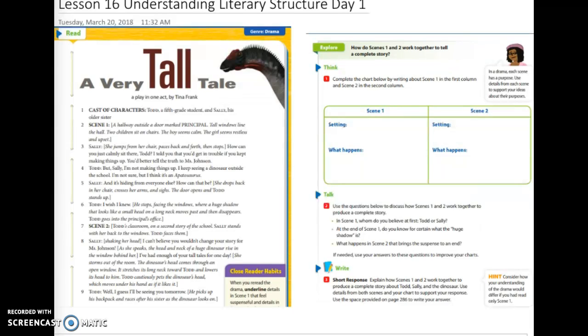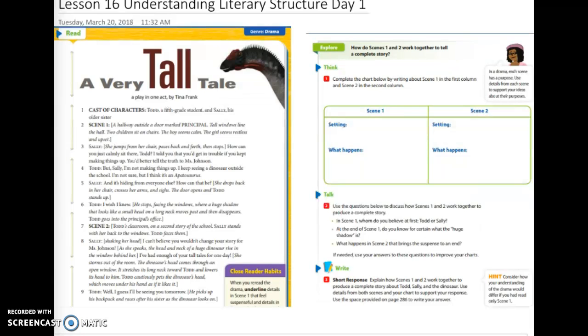In scene 1, whom do you believe at first, Todd or Sally? At the end of scene 1, do you know for certain what the huge shadow is? What happened in scene 2 that brings suspense to the end? If needed, use your answers to these questions to improve the charts.